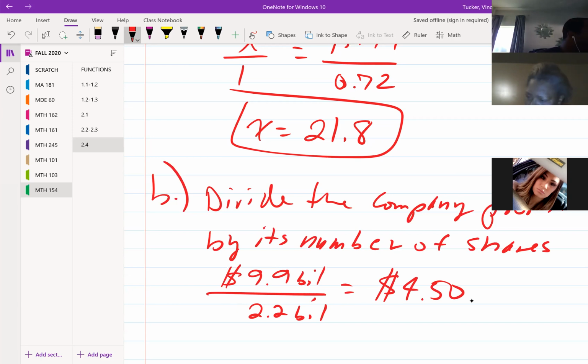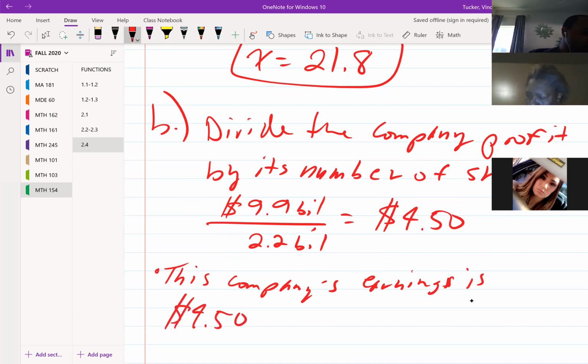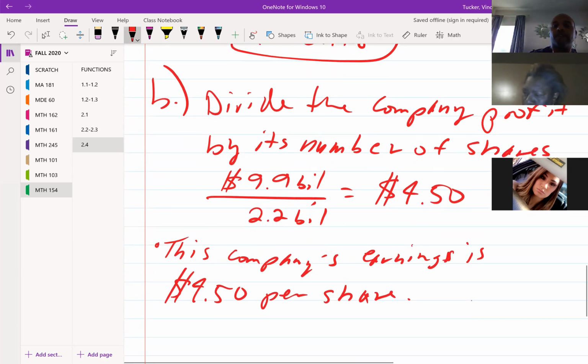So I had $9.9 billion and then 2.2 billion. So this means the company's earnings is $4.50 per share.